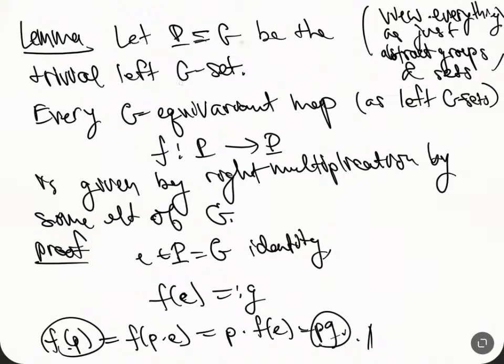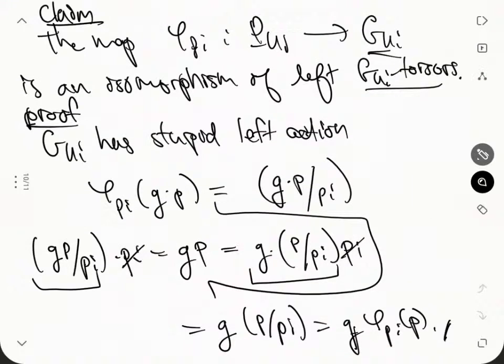So if you take the trivial left G set, G with left multiplication by itself, then the only automorphism that it's going to have is right multiplication by g. And this is going to be really useful, because what have we done before? Well, let me go back here.